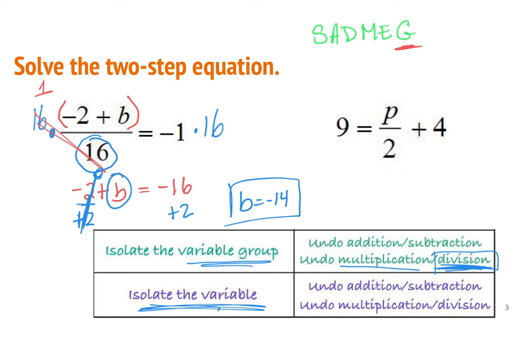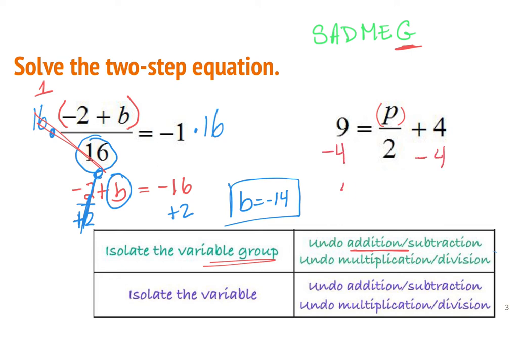Now, the second problem is a little different than the one we just did, because instead of having one giant fraction, I have one mini fraction. So I am going to isolate the variable group in this case by undoing addition. So I'm going to get rid of this positive 4 by subtracting 4.